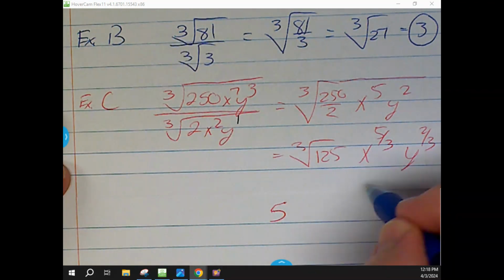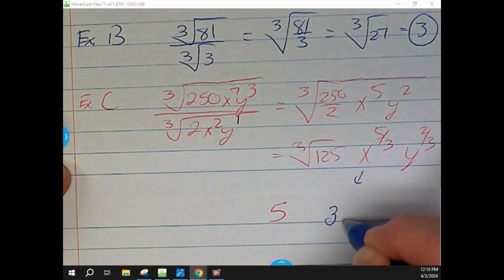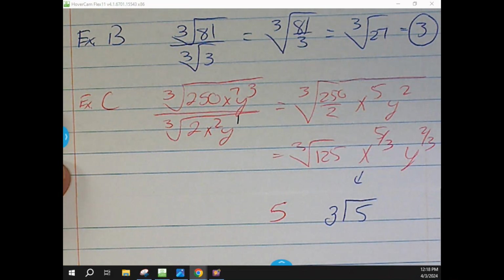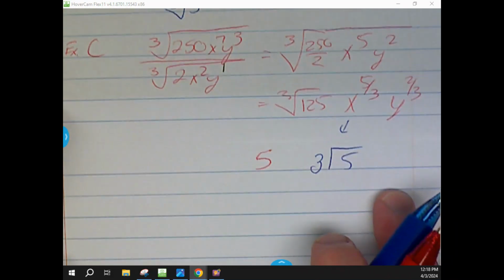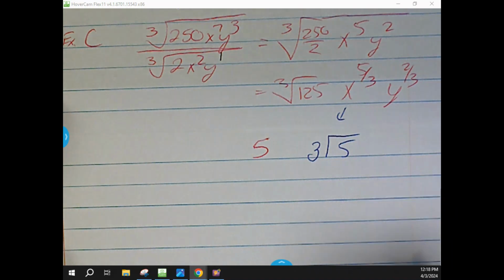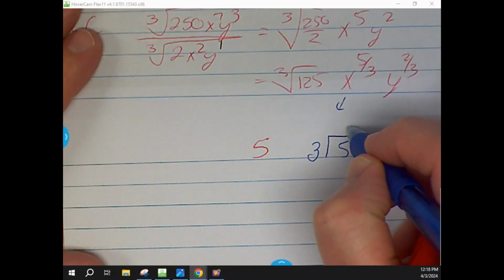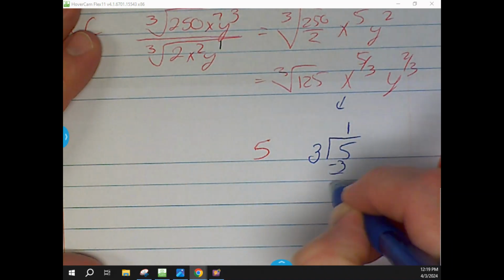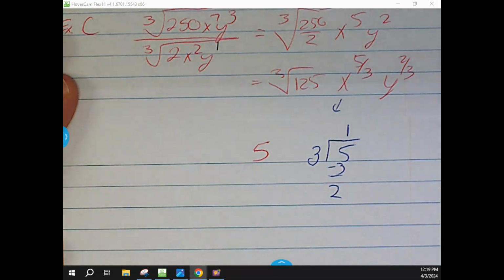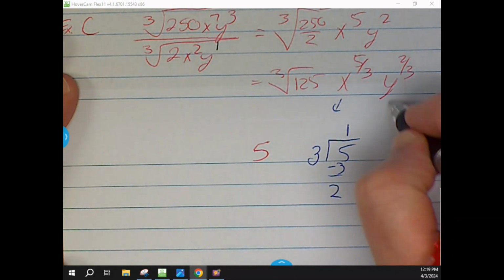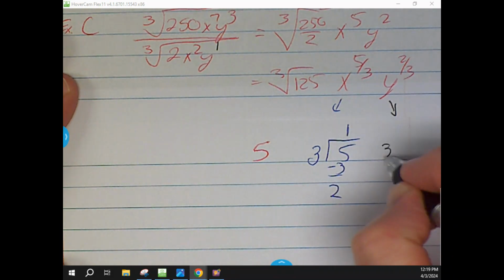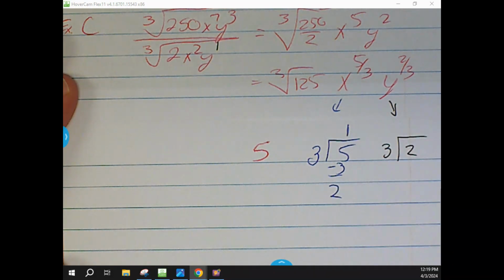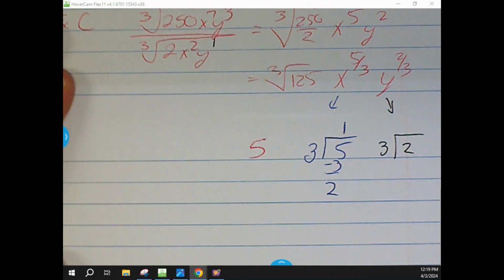Okay, with the x's, though, this is where we've got to take 3 and divide it into 5 to figure out how many go outside and how many go inside when we go through this one. So 3 goes into 5 one time, with 2 left over. For the y's, you've got to divide 3 into 2. Well, it's a fraction already.